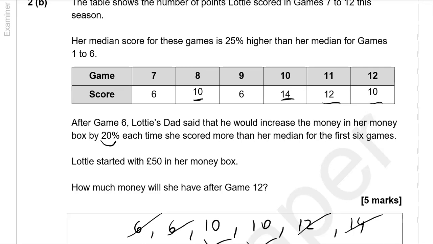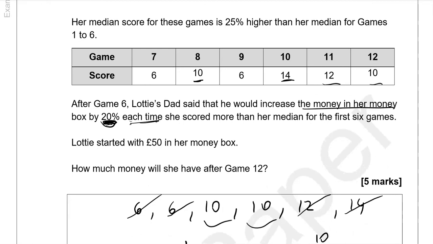Now, what the question is saying is that the money in her box will increase by 20% each time she scored more than her median for the first 6 games. So that means 20% of the previous amount. So we're talking about compound increase.